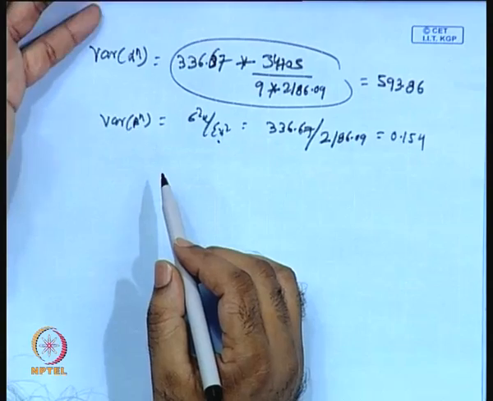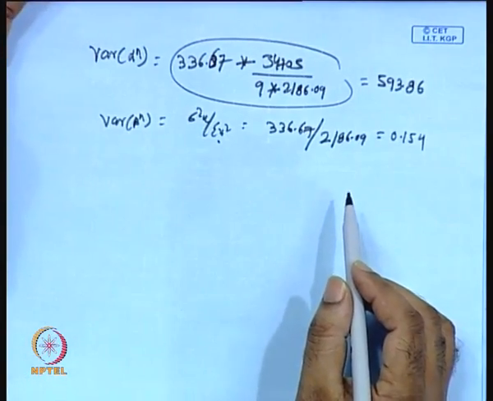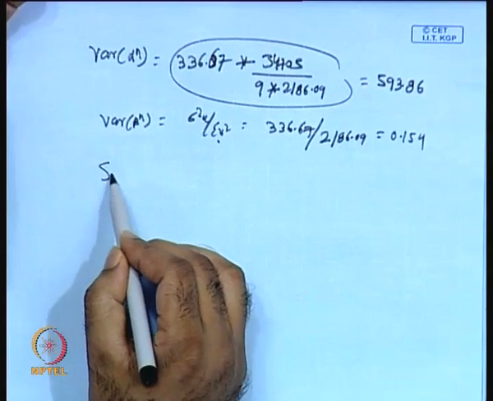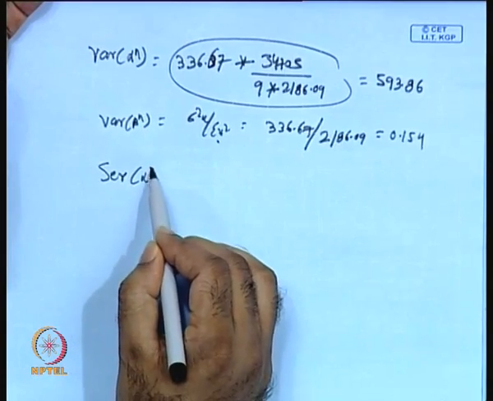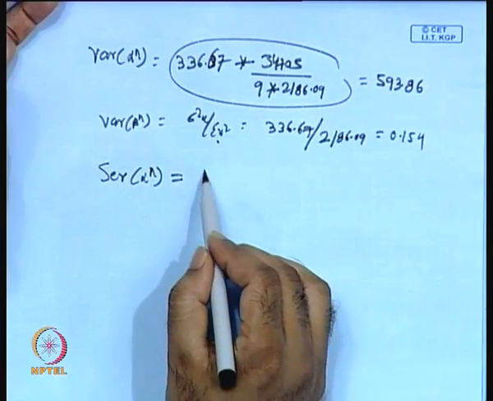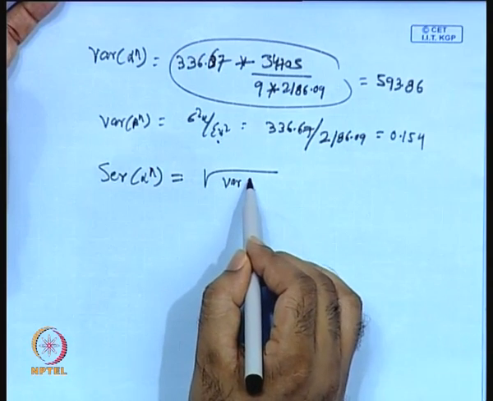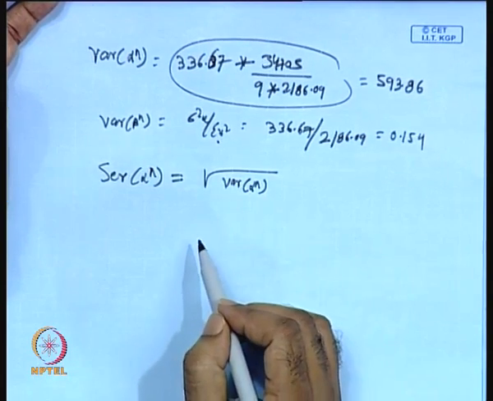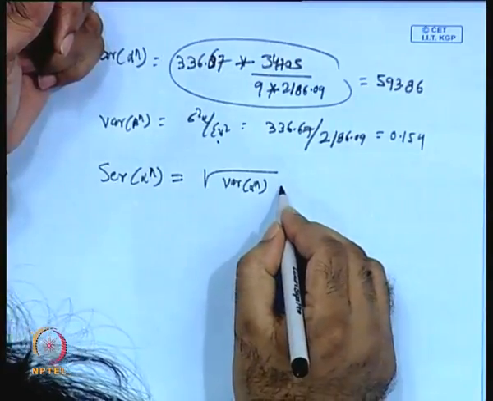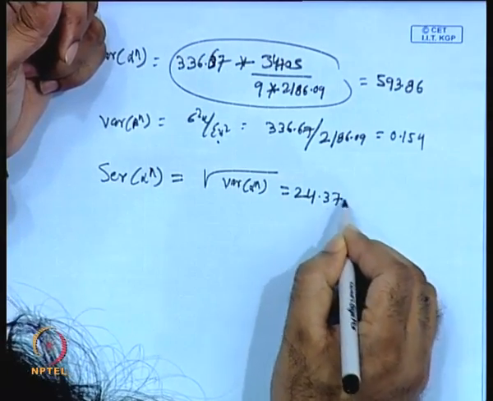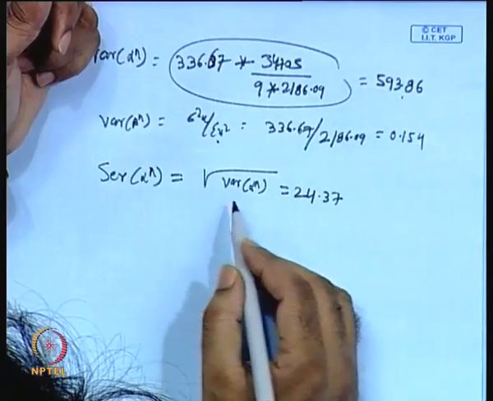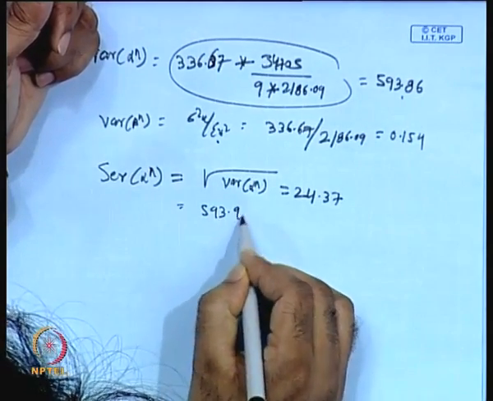But actually we need the standard error of alpha head and the standard error of beta head. So, what do you have to do? The standard error of alpha head is nothing but the square root of the variance of alpha head, which is 593.86 square root.